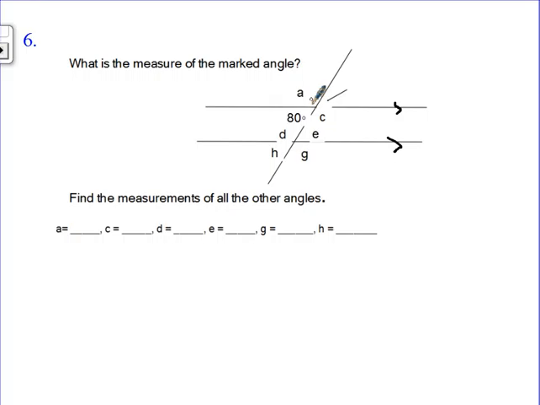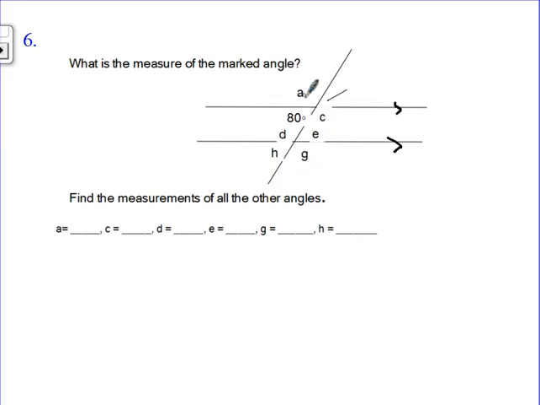So now the other angles: C is vertical to A, so it will also be 100 degrees. D is corresponding to A, so it will be 100 degrees. And G is vertical to D, so it will also be 100 degrees.